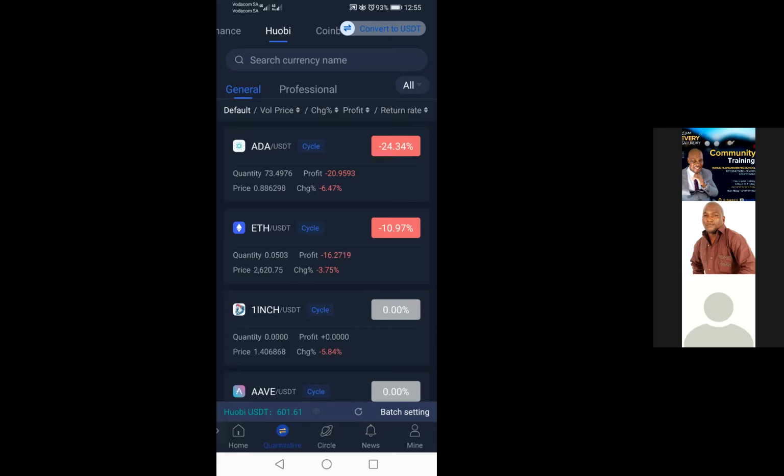When the profit is taken, you'll find more USDT in your account, and then you'll take another trade that we find has more bullish sentiment and more momentum to rise. Then we buy it with a bigger quantity. Because here, on this cycle, we're buying in smaller quantities.